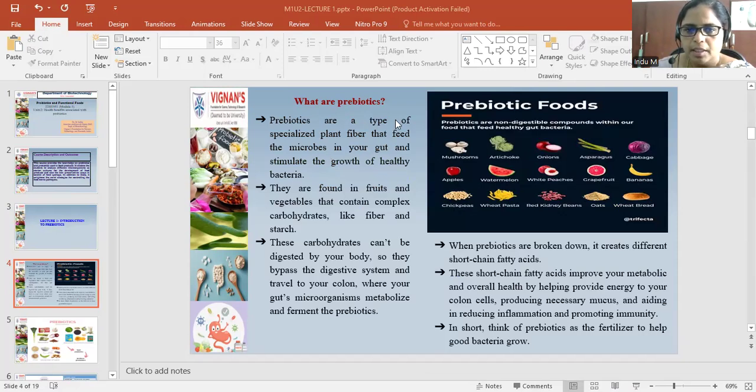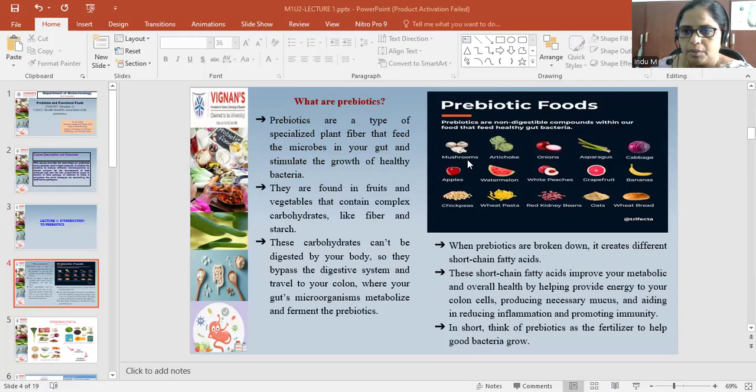So prebiotics are a type of specialized plant fiber that feed the microbes in the gut system and stimulate the growth of healthy bacteria. So generally they are found in fruits and vegetables, containing complex carbohydrates like fiber and starch. And these carbohydrates cannot be digested by your body, so they bypass the digestive system and travel to your colon, where your gut microorganisms metabolize and ferment these prebiotics.